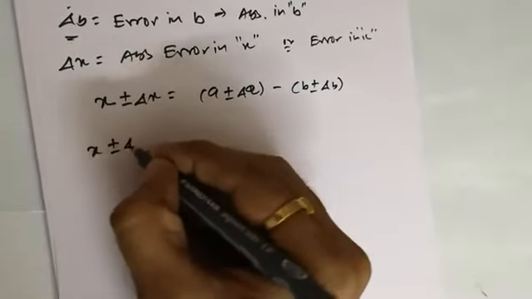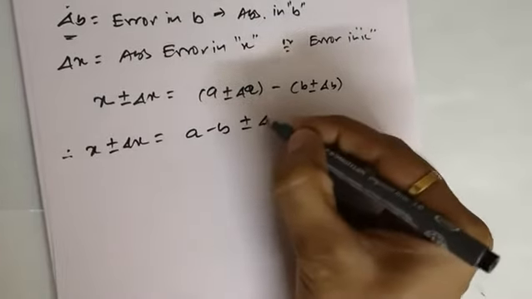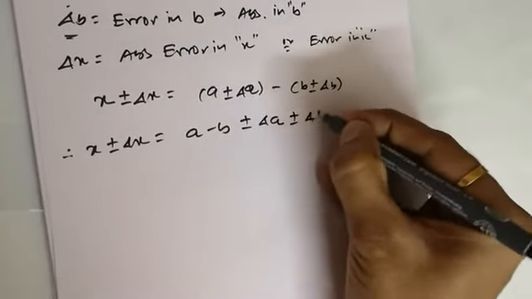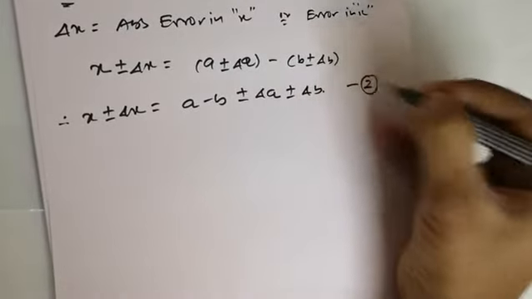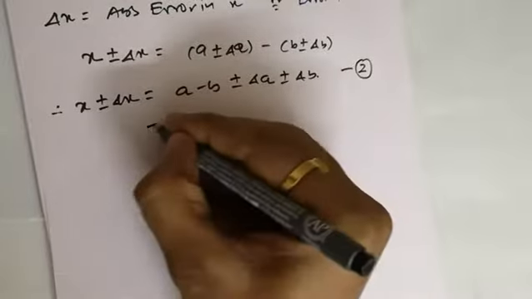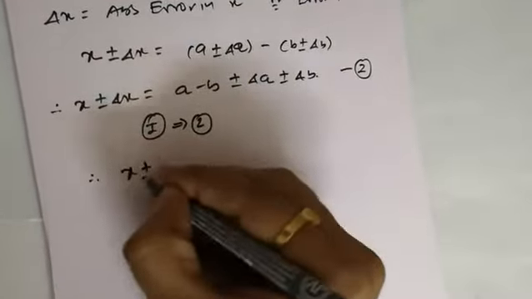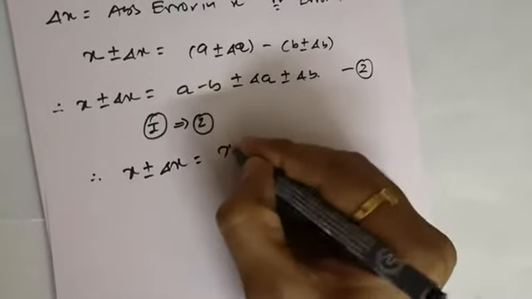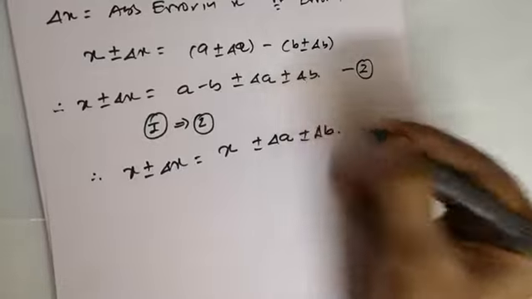Arranging these terms for you may give me the answer a minus b plus or minus delta a plus or minus delta b. So you can see that from equation number 1 we have x equals a minus b. So equating this value of 1 into 2 may lead to x plus or minus delta x equals x plus or minus delta a plus or minus delta b.